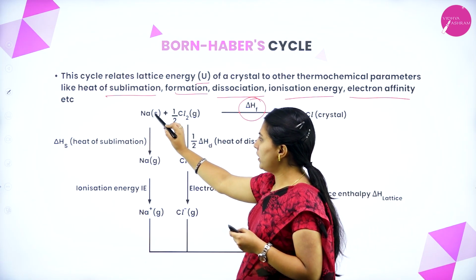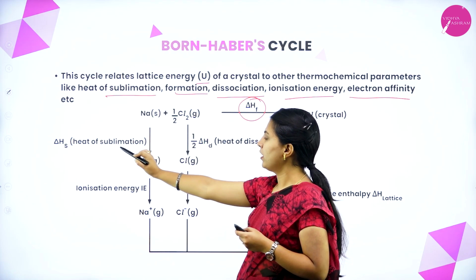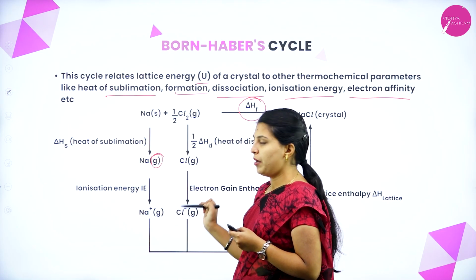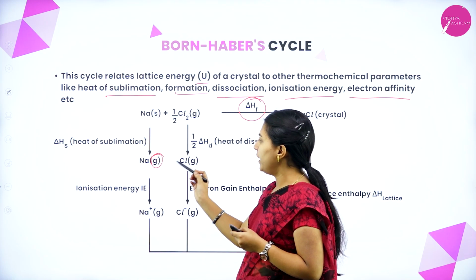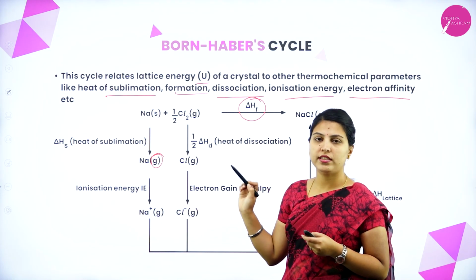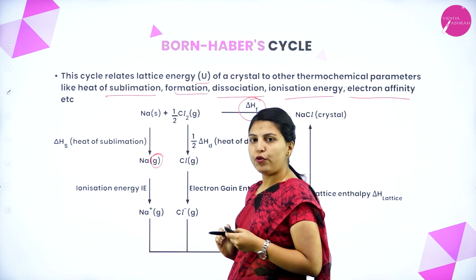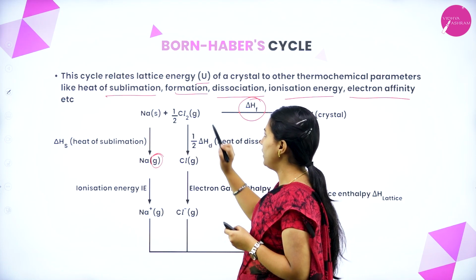First the solid Na will be sublimed, that is heat of sublimation, meaning it is converted into the gaseous state. By using ionization energy or ionization enthalpy, it will form ions, also in the gaseous state. This is chlorine in the gaseous state.